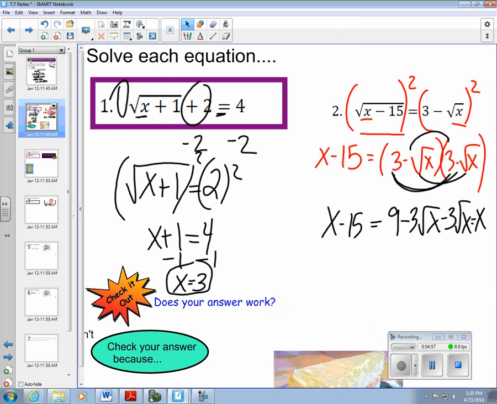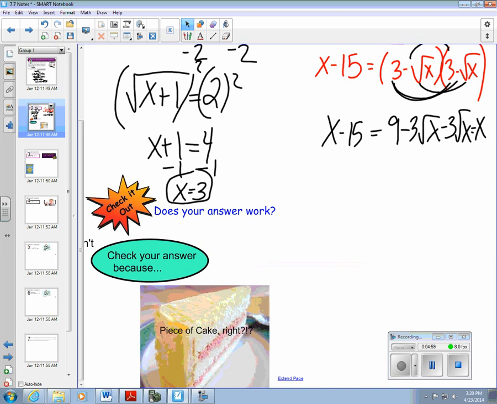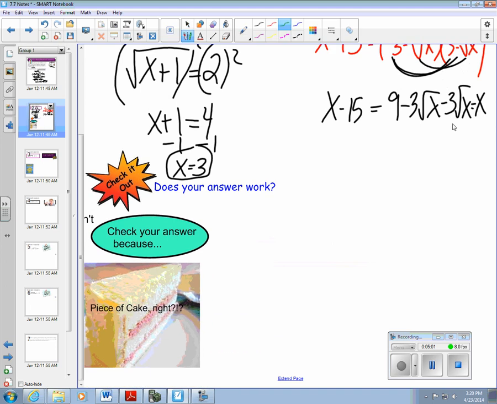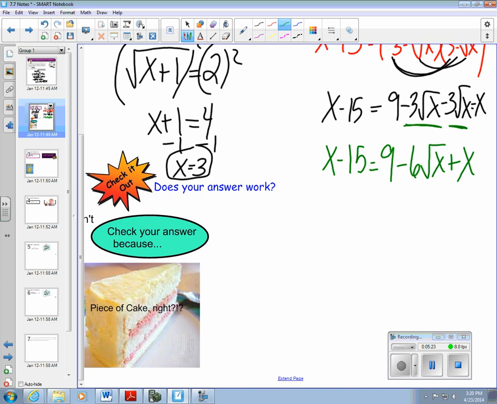We're trying to get to a single variable, or we just want one x. We have negative 3 root x and negative 3 root x, and we can combine those because we have the same radicand. So we have x minus 15 is equal to 9, and with negative 3 root x and negative 3 root x, we are left with a negative 6 root x. And we have plus x here.